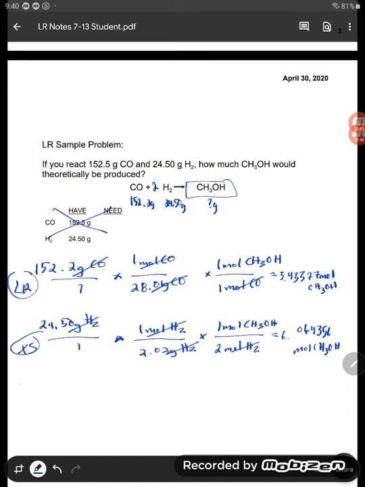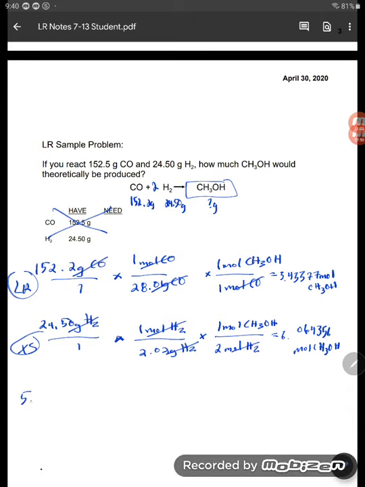Then we would just carry on with the math from the limiting reactant, and we would convert that mole value using our double roadmap to grams. And then our mass was 32.05 grams.